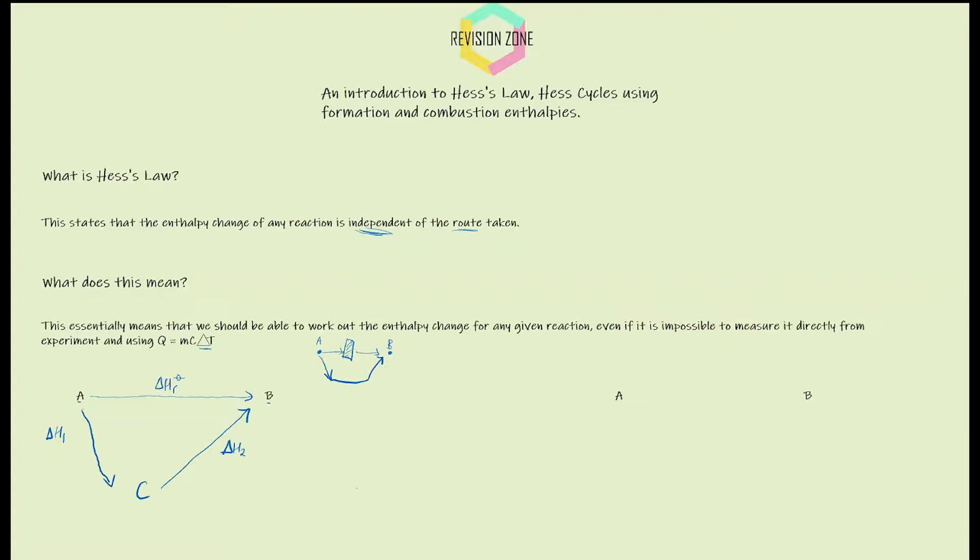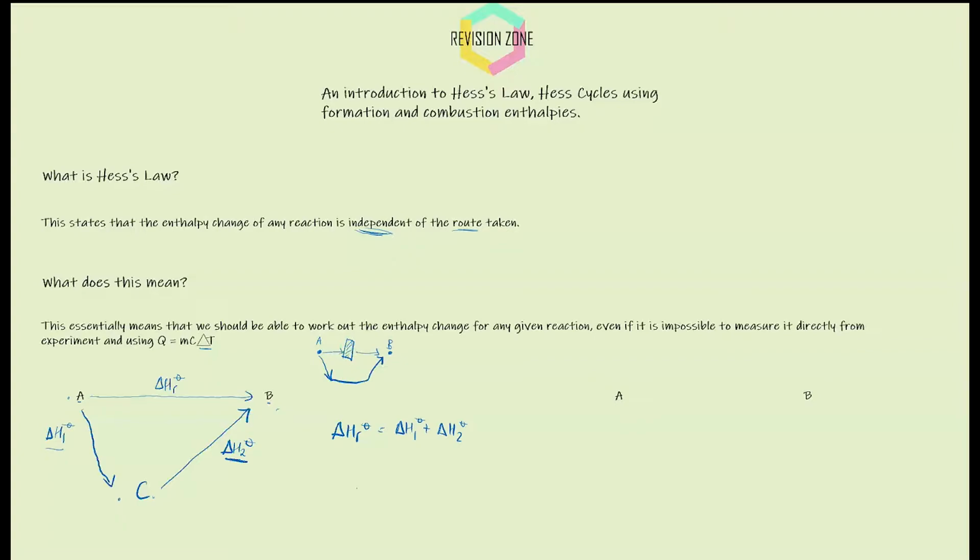That means that if I can measure this enthalpy from A to C, delta H1, I can add it to delta H2, from C to B, and that will be equal to delta HR. So another way of writing that is that delta HR is equal to delta H1 plus delta H2. I'll put the standard state symbols over here too.